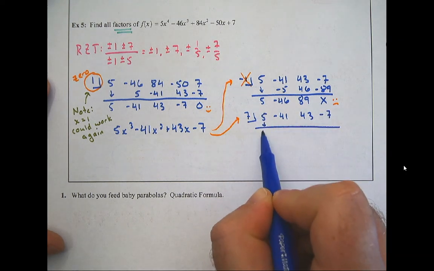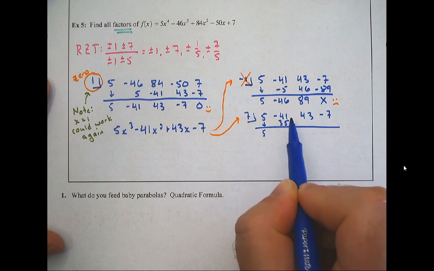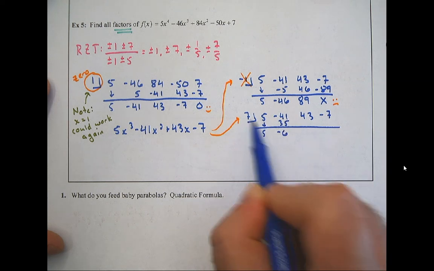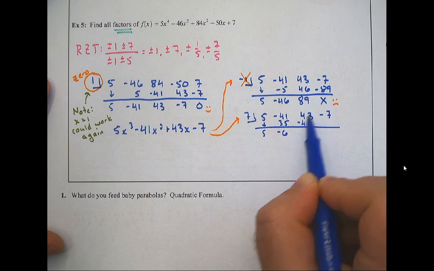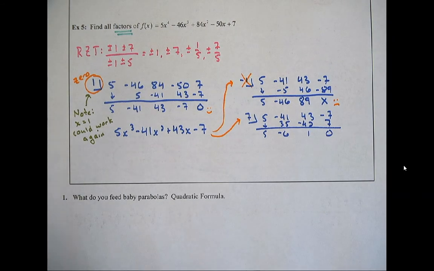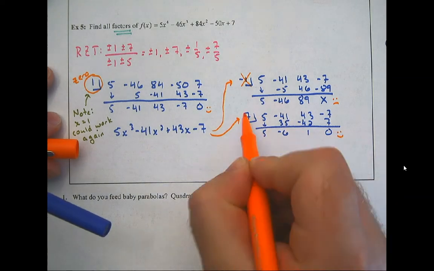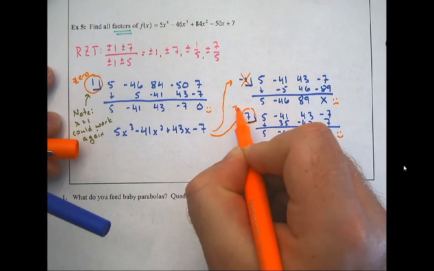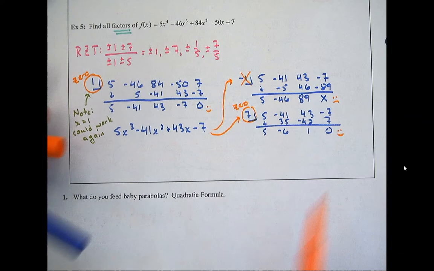Ooh, I didn't leave myself much room. 35, ooh, negative 6, negative 42, 1, 7, 0, smiley face. That means that 7 is also a 0.